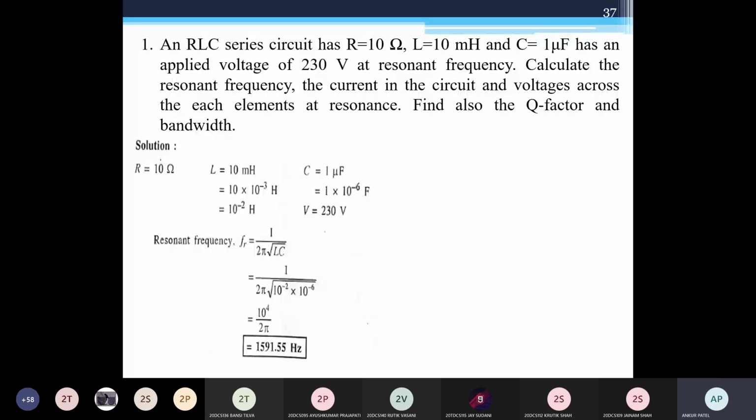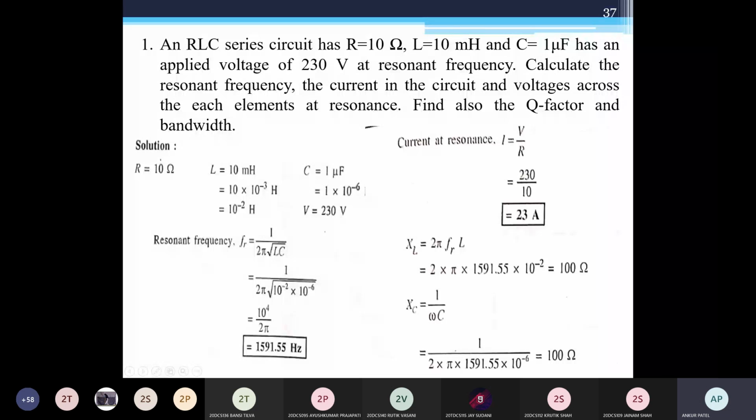XL is equal to omega L, which is 2 pi FL, and XC is 1 upon omega C. So we need to use the resonance frequency for finding XL and XC. During resonance XL equals XC, so we'll get the same answer. Are you getting it? 100 ohm for both.